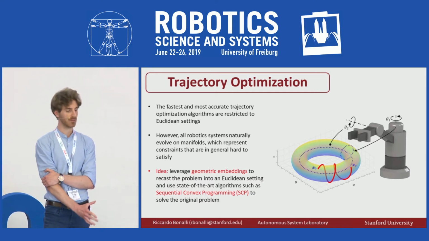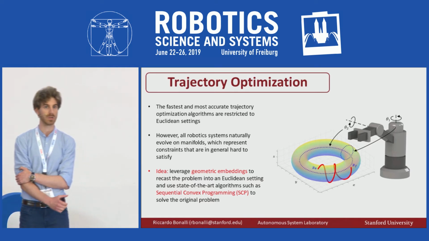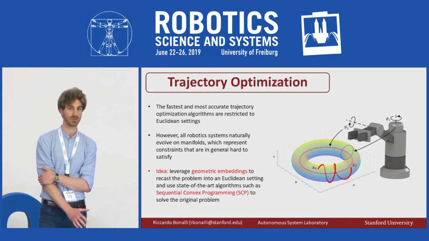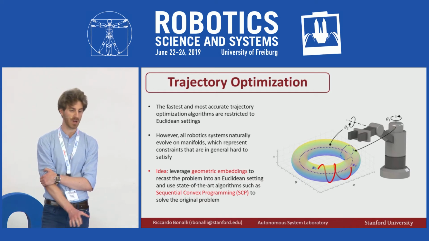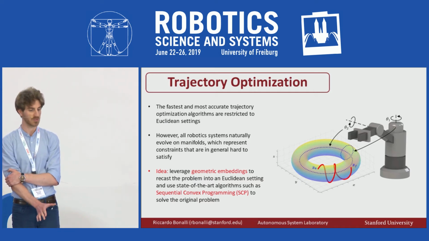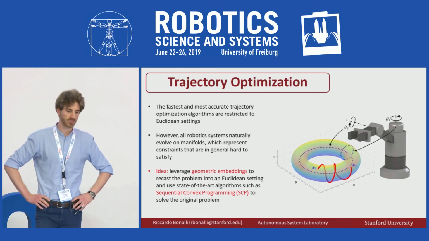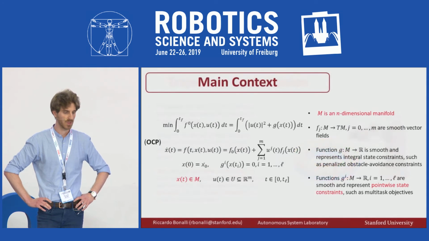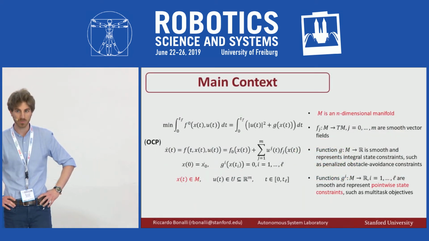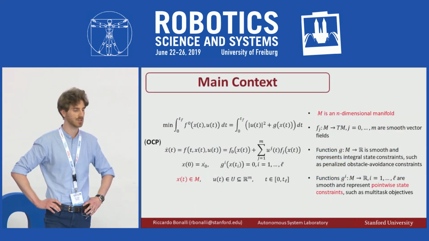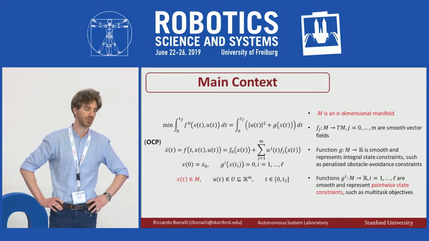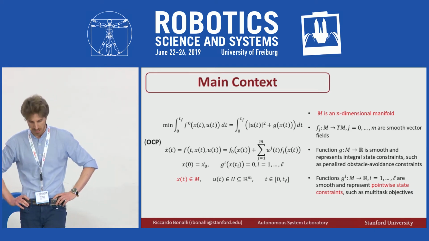Our idea is to leverage geometric embedding to lift the original problem into an Euclidean setting and apply state-of-the-art sequential convex programming algorithm to solve the original problem. So let's take a closer look at the formulation. We try to solve this optimal control problem for which we minimize the following cost.